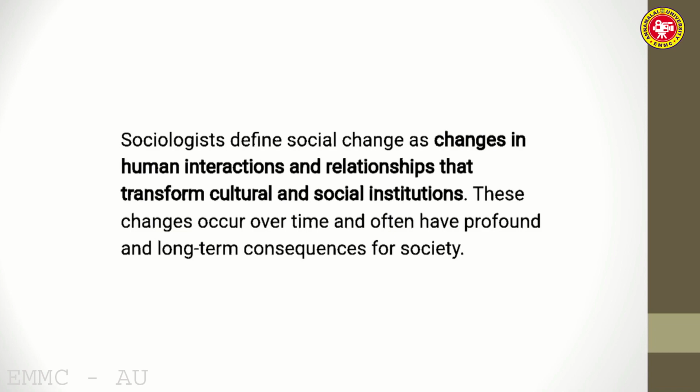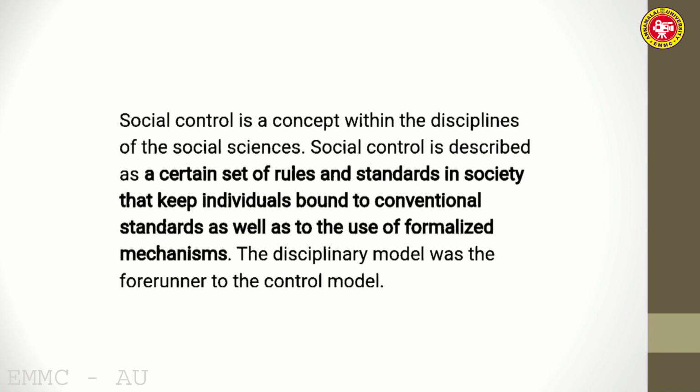Sociologists define social change as changes in human interactions and relationships that transform culture and social institutions. These changes occur over time and often have profound long-term consequences for society.